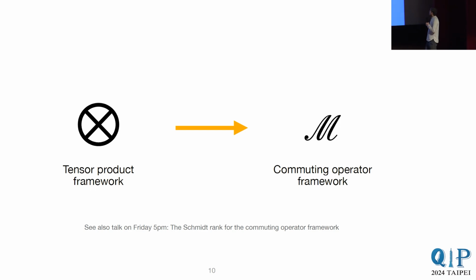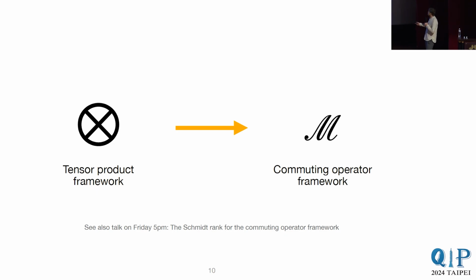You might have heard in the last years, in the context of Tsirelson's problem and MIP* = RE, for example, that there's a difference between describing local parties by commuting operators or just as tensor products. And this is something that we find here in the context of embezzlement as well. I would also like to advertise this talk on Friday by Lauritz about the Schmidt rank for the commuting operator framework, if you want to know more about commuting operator frameworks and entanglement.